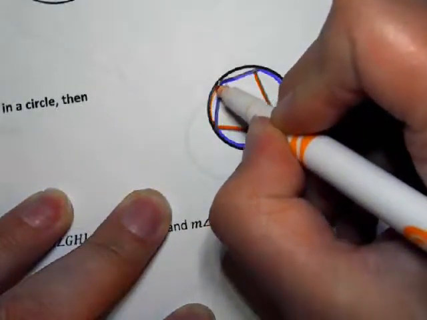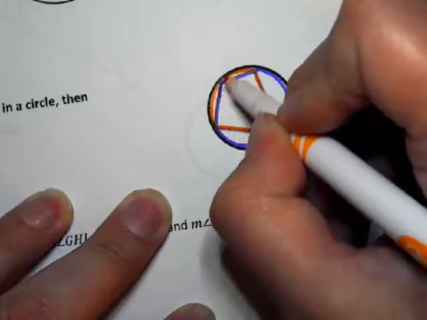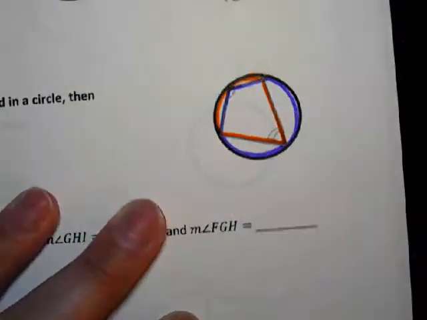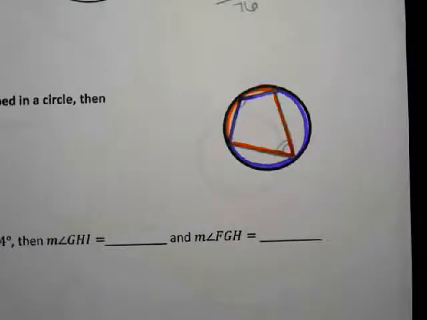Okay. So when I traced that, how much of the circle did I trace? I traced all of the circle. So how much of the circle is all of the circle? 360 degrees.